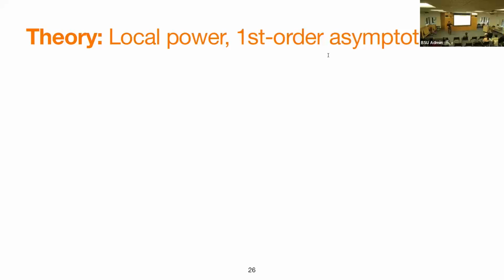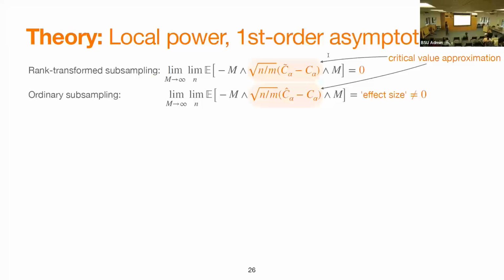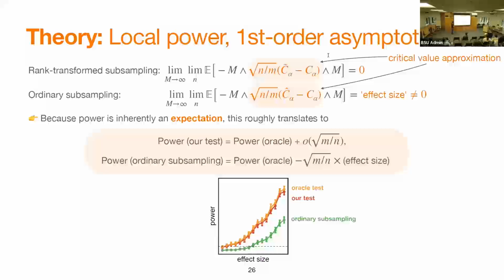As of late, we have some finer analysis of the power behavior that I don't think I have time to go into, but basically, we can show that our test is much more powerful than the subsampling test without the rank transform. And this power gap increases with the effect size. So if you're under a larger effect size alternative, then our test should be much more powerful than the subsampling test without the rank transform.